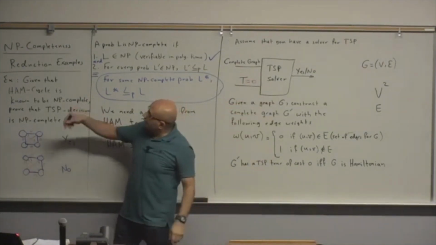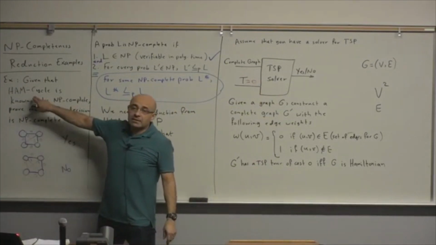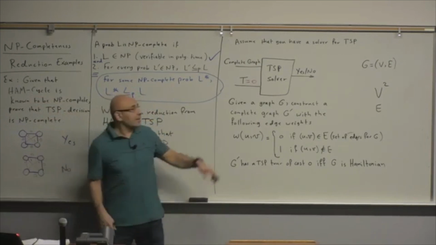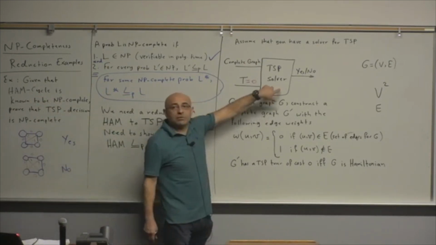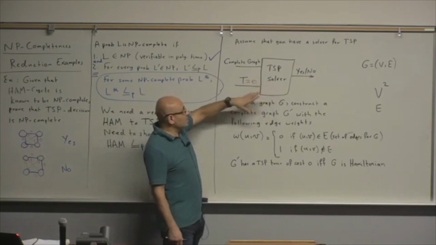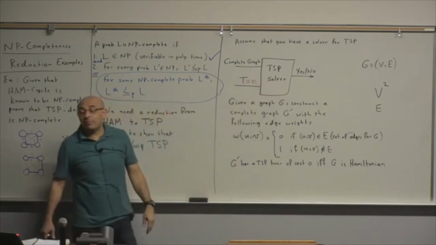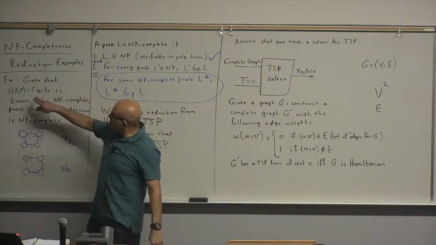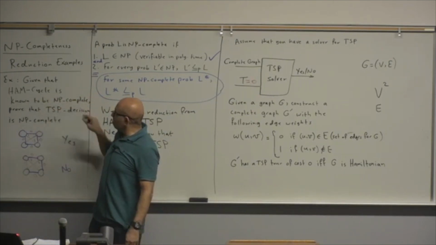But I'm given that Ham cycle does not currently have a polynomial time solution. Therefore, I cannot have a polynomial time solution for TSP solver. You can think of this as proof by contradiction as well. You are given that Ham cycle is known to be NP-complete.